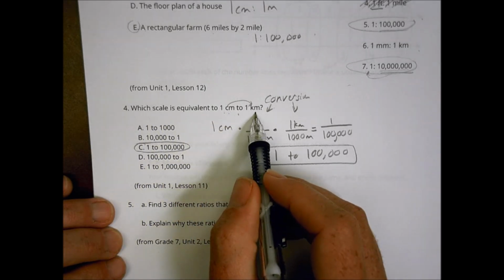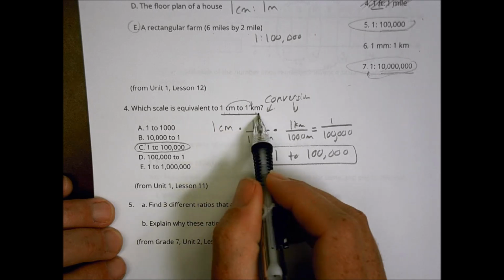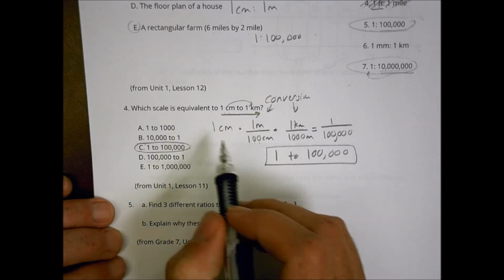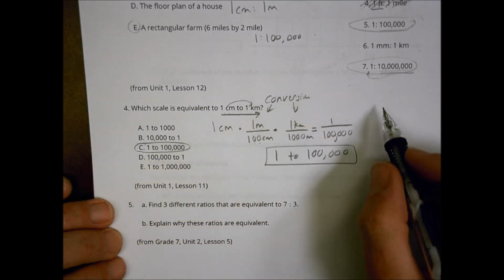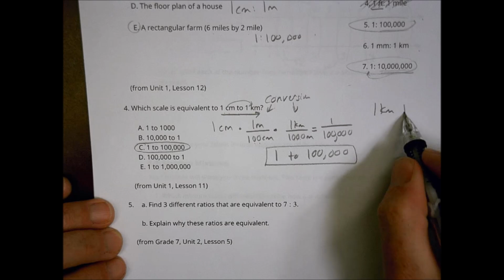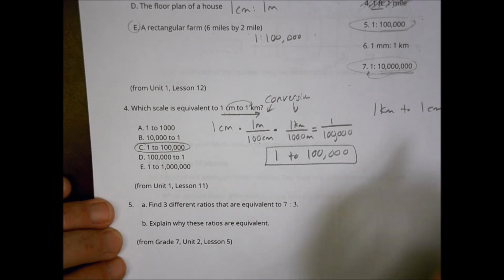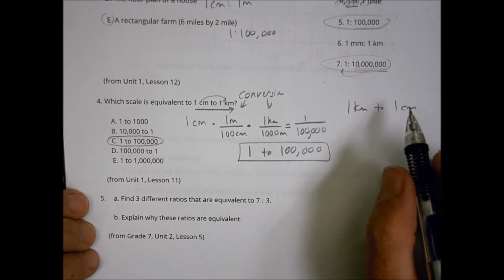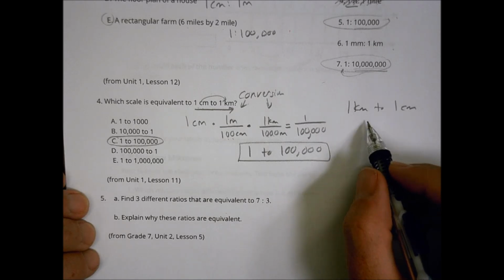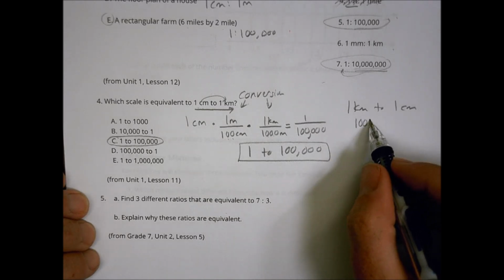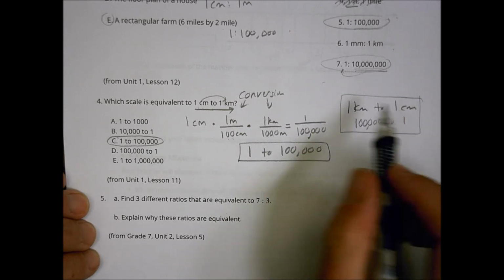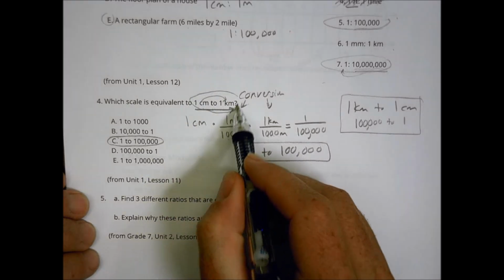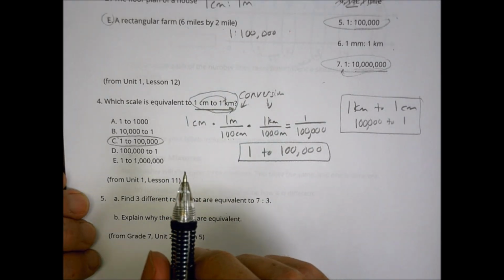We want to keep it in that order. This one changes the order, okay? If it had been 1 kilometer to 1 centimeter, then you would have done the other way, that would be 100,000 to 1. But the question was 1 centimeter to 1 kilometer. So make sure you pay attention to that part.